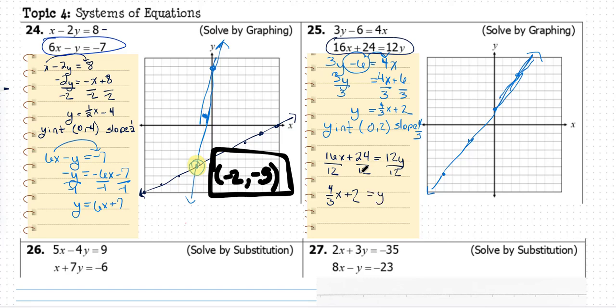And then we have y. And if you look, this is the exact same equation. That means that I'm going to graph just on top of this. And when that happens, it means there are infinite solutions.